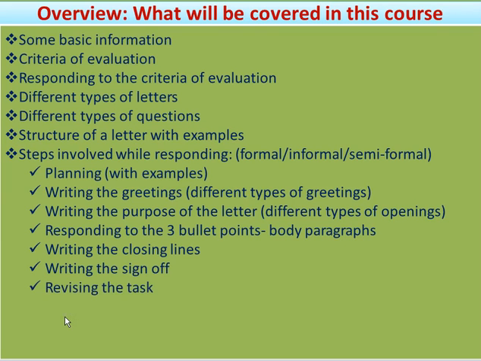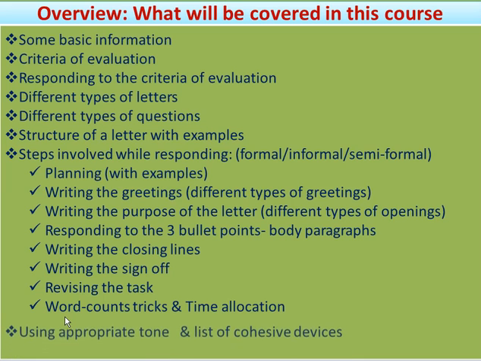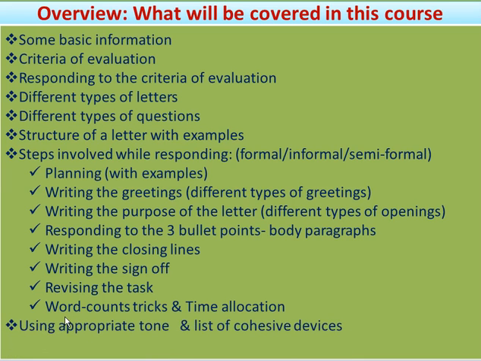That's important to rectify your grammatical or spelling kind of mistakes. And finally, word count tricks and time allocation, because you can't exceed the time limit anyway. Task 2 is much more important than task 1. And then some additional sources, such as using an appropriate tone and a list of cohesive devices.